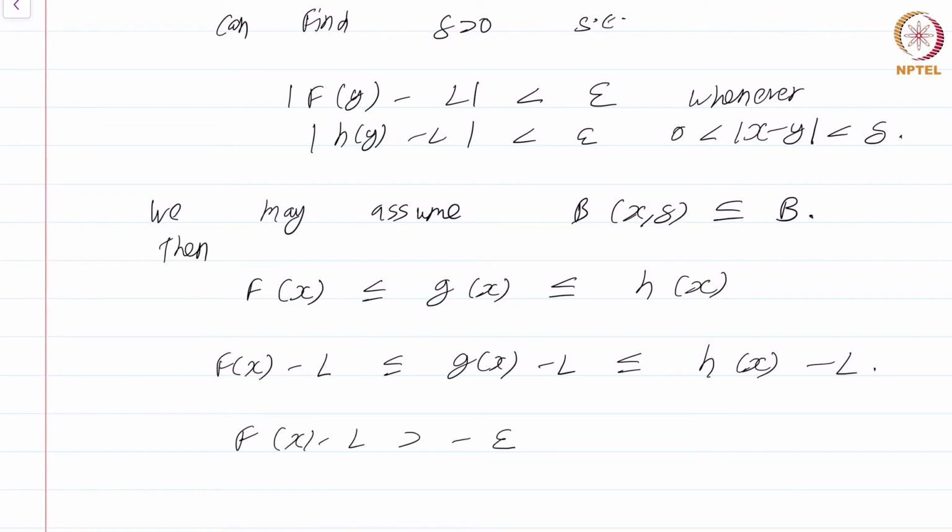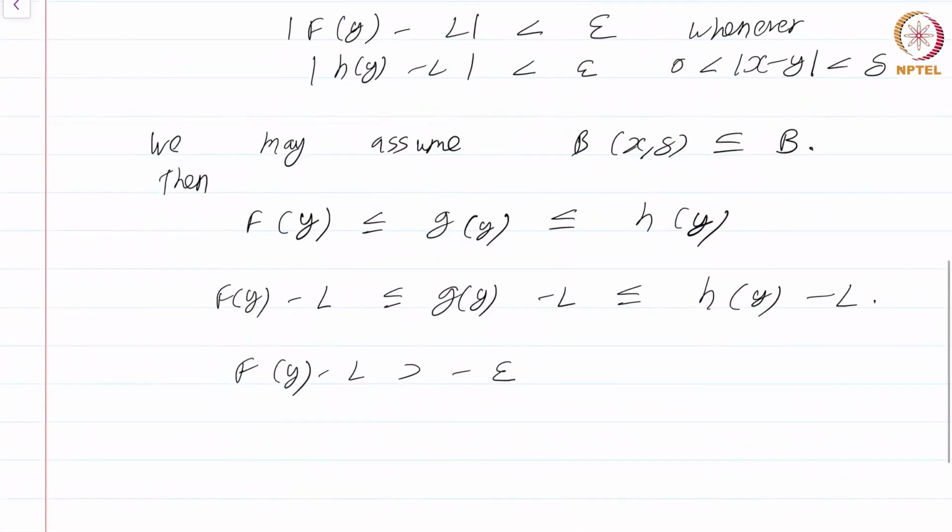Oh, just a moment. I have to change all these x's to y's. Sorry about that. f of y is less than or equal to g of y is less than or equal to h of y. So f of y minus L is greater than minus epsilon, whereas h of y minus L is less than epsilon. Why?